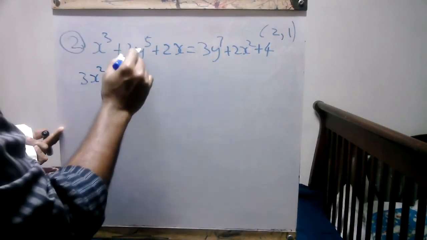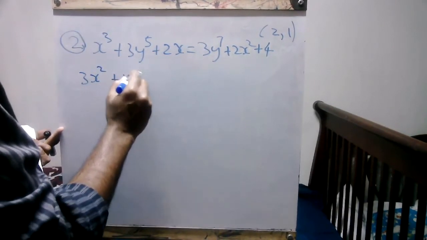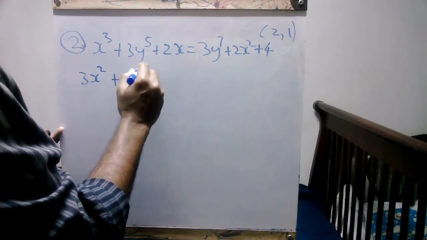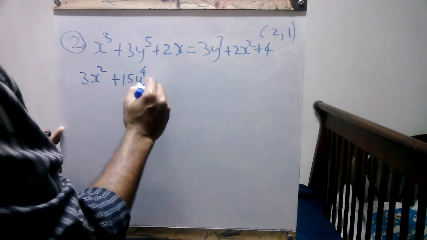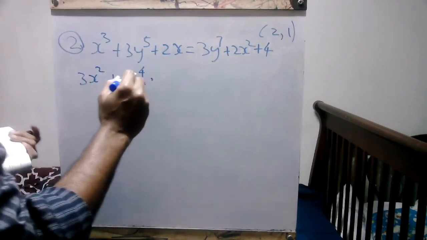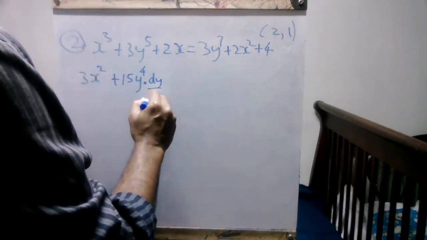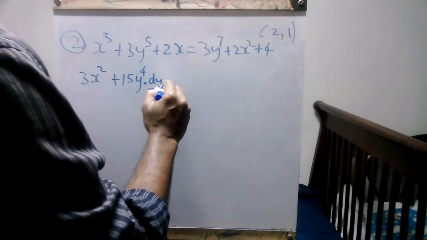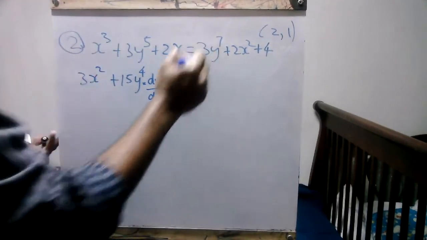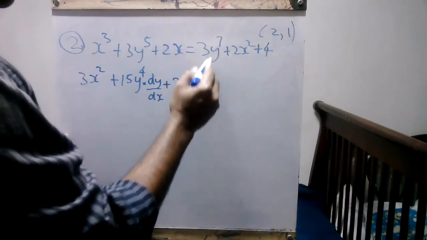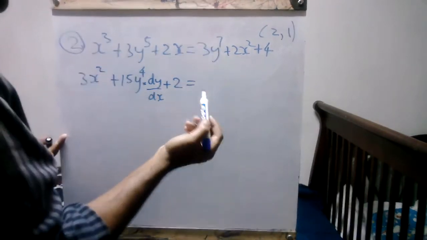With respect to x, 5 comes to the front, so we get 15y to the power 5 minus 1, which is 4, multiplied with the derivative of y, which is dy/dx, plus the derivative of 2x is 2, equal to the derivative of this: 7 comes to the front, 7 times 3 is 21, y to the power 7 minus 1 is 6.